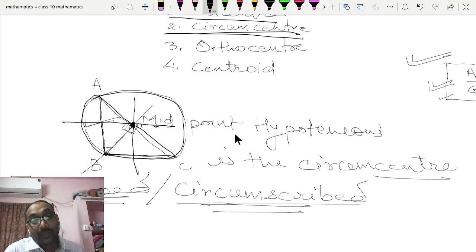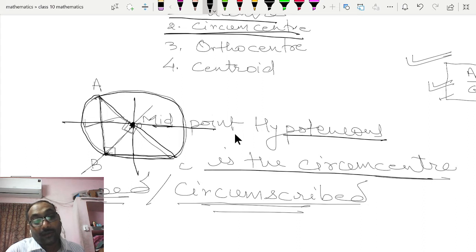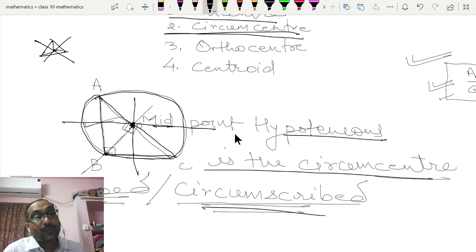Okay, so the midpoint of the hypotenuse is the center of the circumcircle. In another triangle, for the perpendicular bisectors' meeting point, the distance from this point to each vertex will be equal and the circle will be circumscribed.